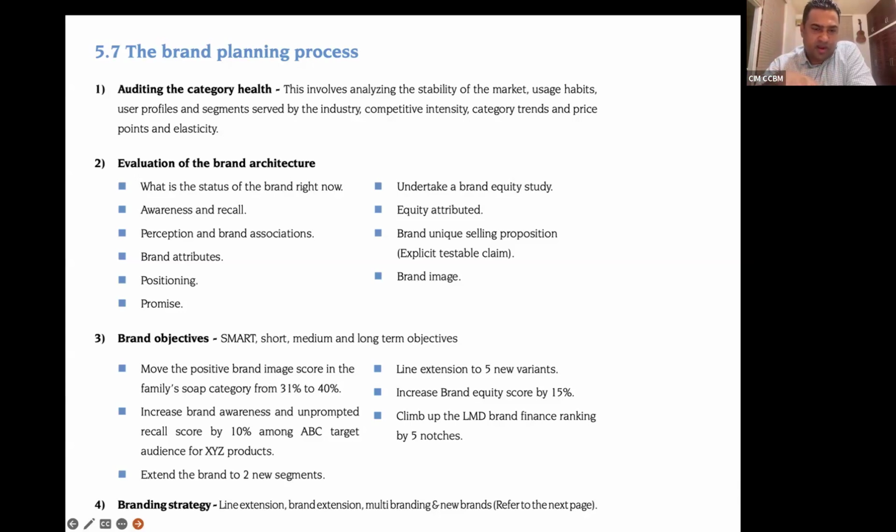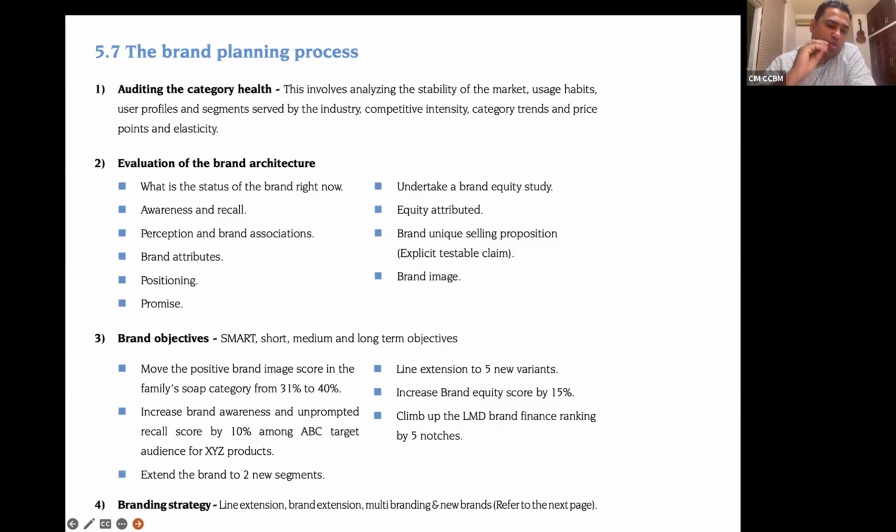Move the positive brand image score in the family soap category from 31 to 40%. Improve the brand image score. Increase brand awareness and unprompted brand recall by 10% among the ABC target audience. So you can see some of the brand objectives.